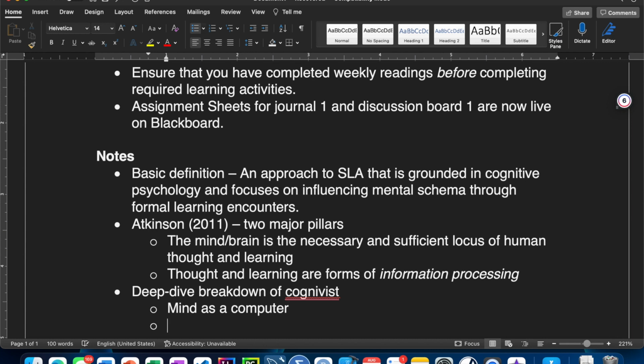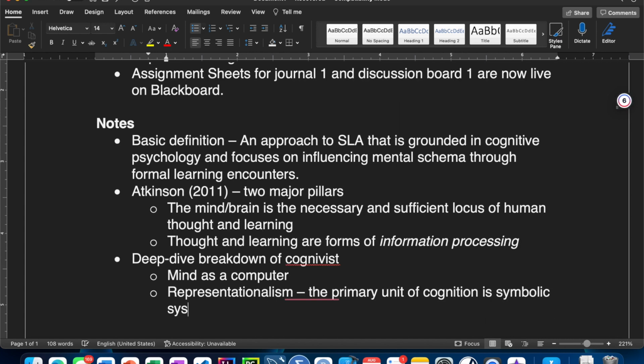Now, related to this is the notion of representationalism, right? This is the idea that all thought, all cognition, the primary unit of cognition, can be interpreted as some sort of symbolic system, right?